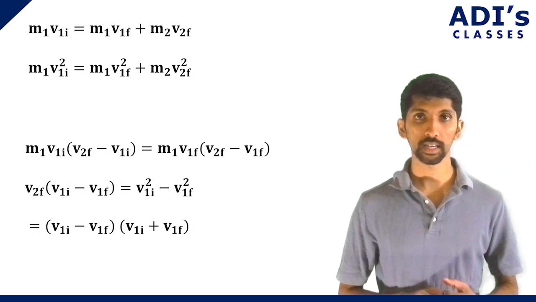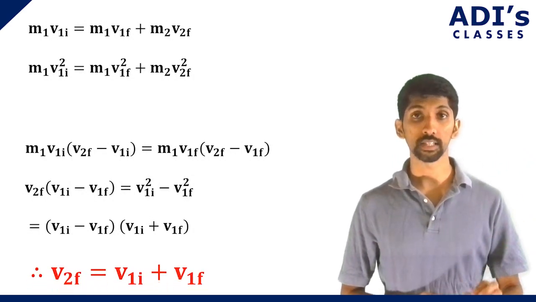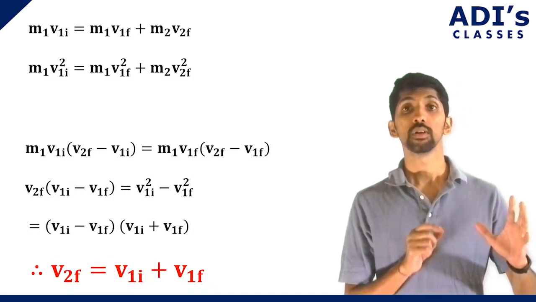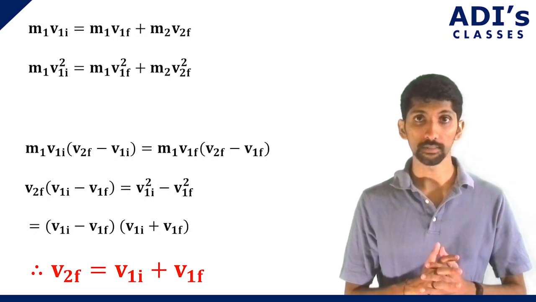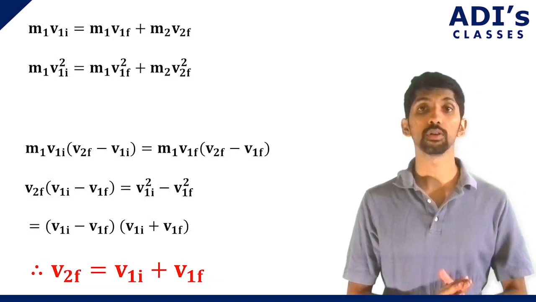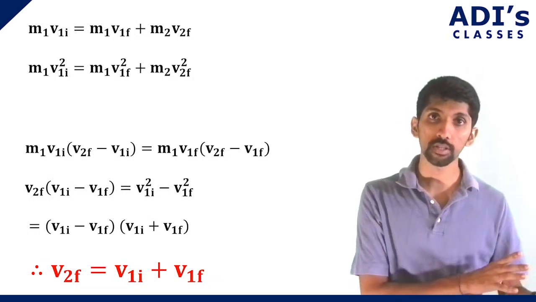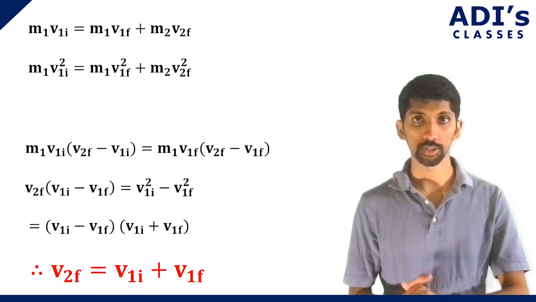One of those will get cancelled, so what we got is v2f is equal to v1i plus v1f. So the velocity of the second particle will be equal to the velocity of the first particle in the initial phase plus the final phase, or before the collision and after the collision.